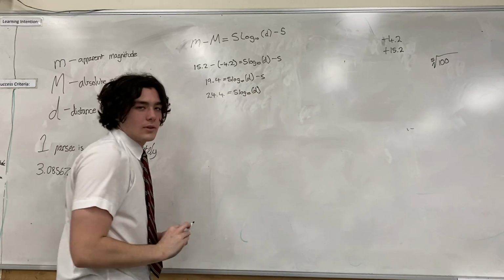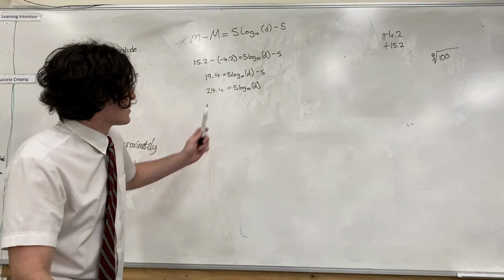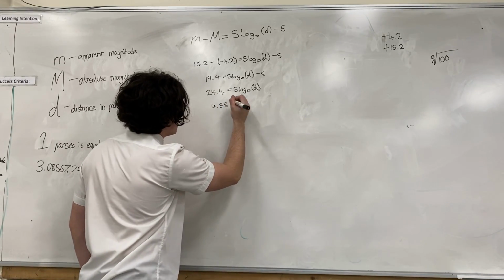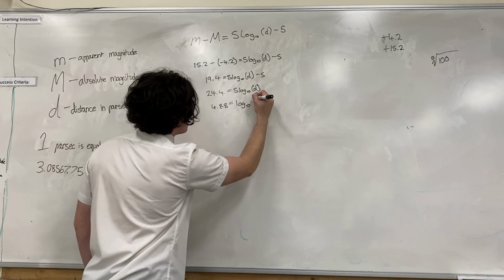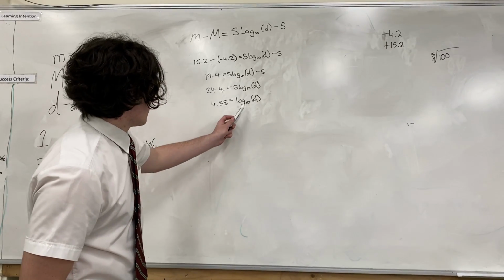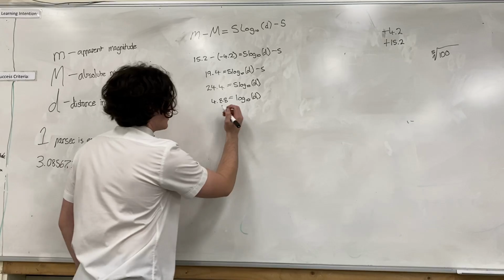Then the next bit we're going to do is divide both sides by this 5 here, making it 4.88 equals log 10 d. And the way logs work is 10 to the power of 4.88 is going to equal d.